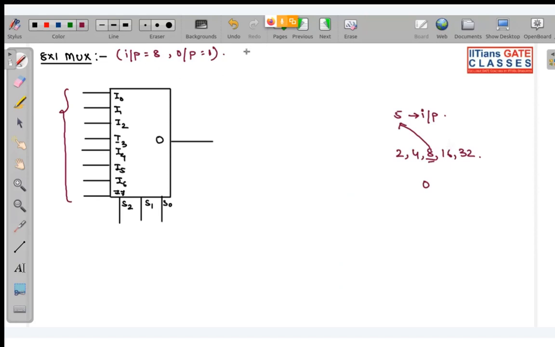If I have 8 input lines, for selecting an input line, how many selection lines do I require? I require a minimum of 3 selection lines. Why? Because using 3 selection lines, I can select from 0 to 7. So here also, I am writing the output directly without drawing the truth table.